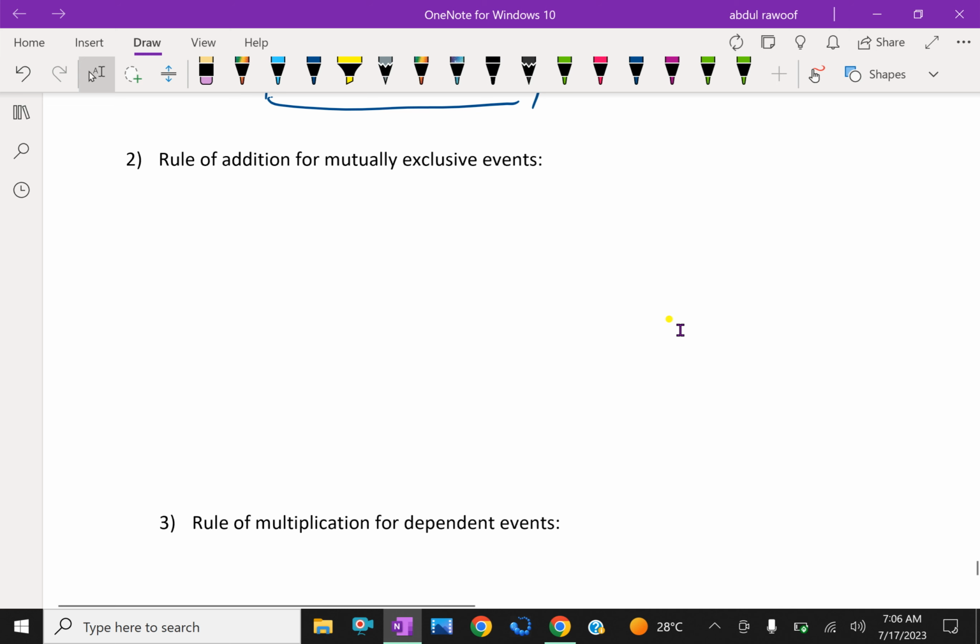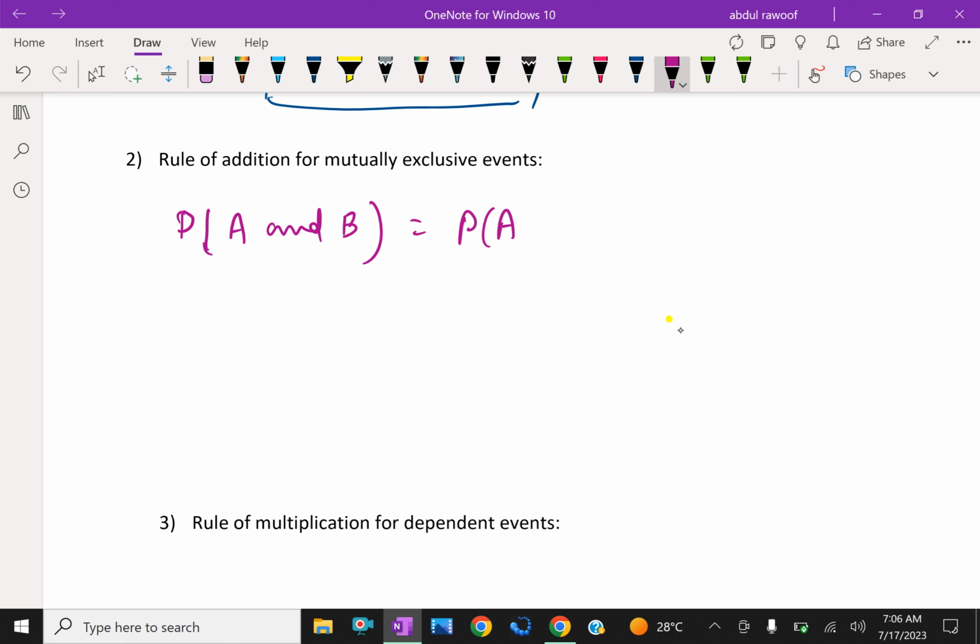That means P of A or B is equal to P of A plus P of B. We can show this in a Venn diagram.